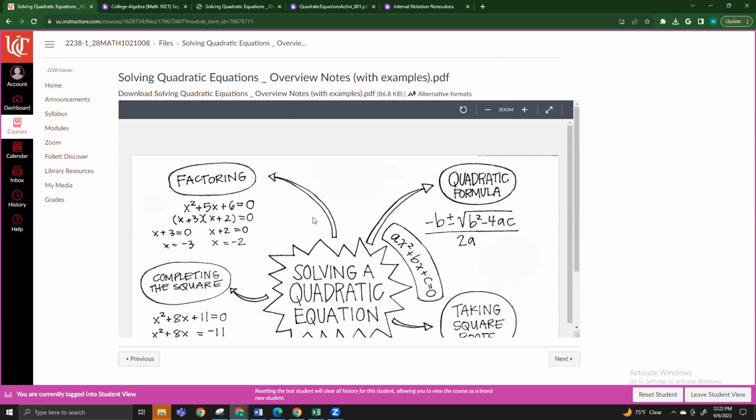I do want you to get away from using just the quadratic formula, because factoring is an important skill that we have to have for future classes, and completing the square is actually a pretty good skill to have because it helps you with that factoring. A lot of people, I know, have the quadratic formula programmed into their graphing calculators. However, that doesn't tell me that you can solve it yourself. So those are the rules for that.